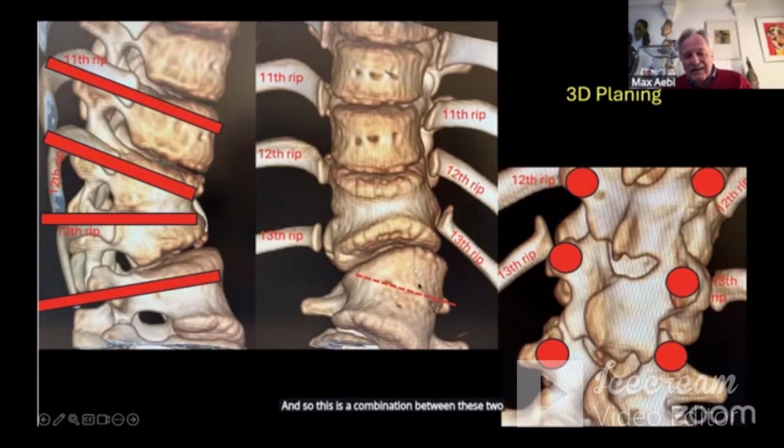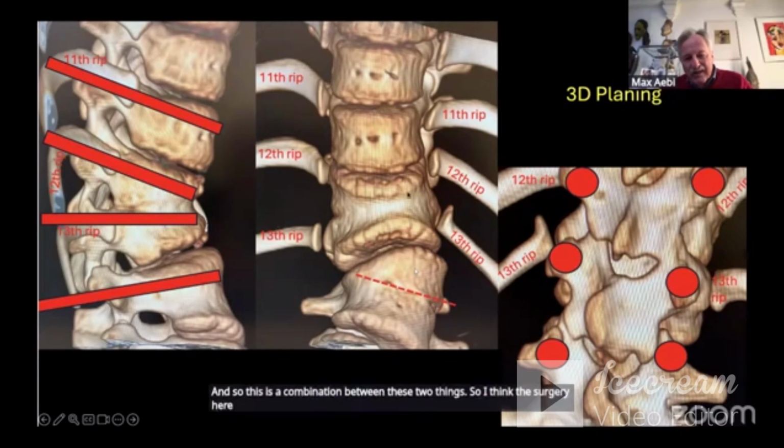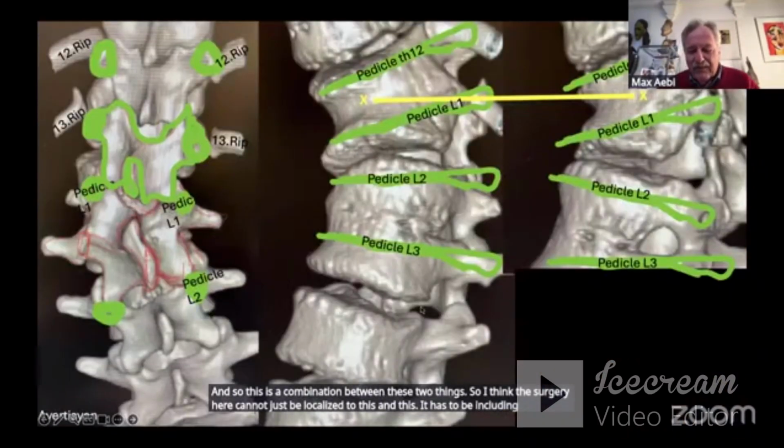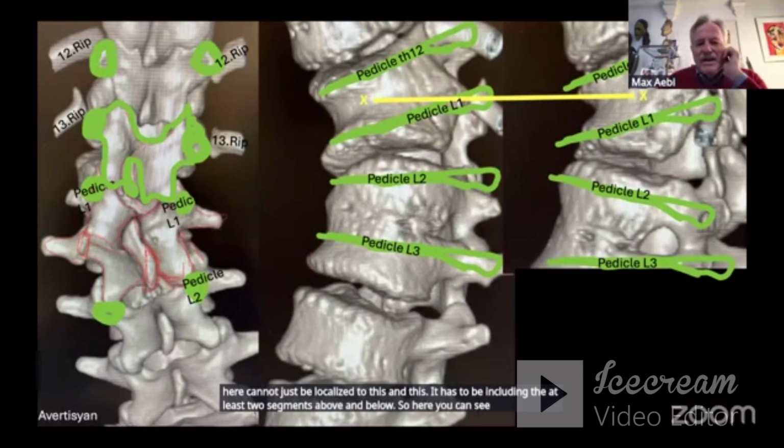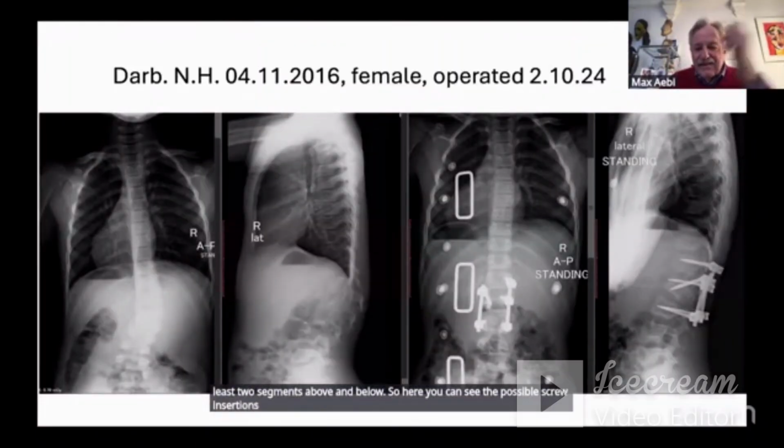So I think the surgery here cannot just be localized to this and this. It has to include at least 2 segments above and below. Here you can see the possible screw insertions. And in the end, that's what we did.